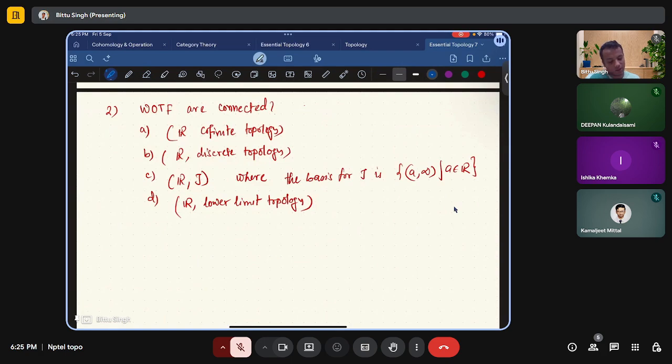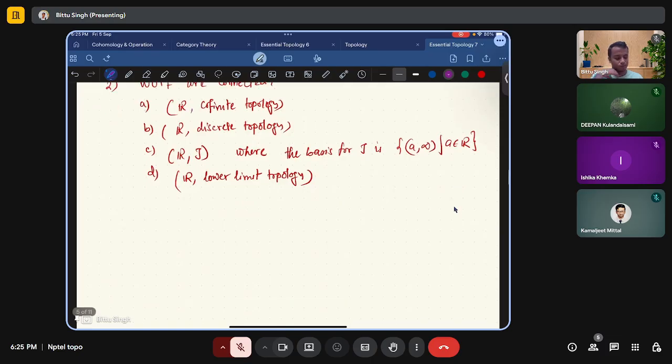Now, which of the following are connected? Same question. Can you see R with the cofinite topology, is it connected or not? Let us try to write.